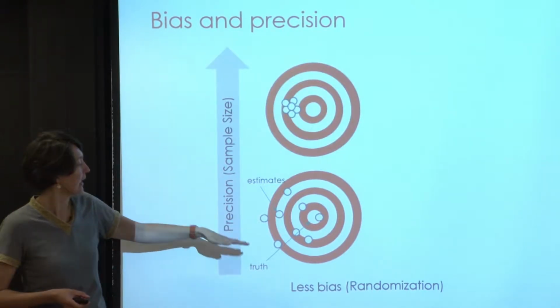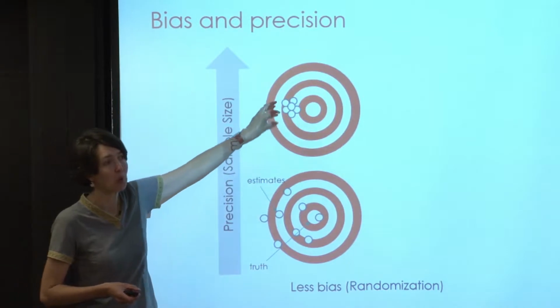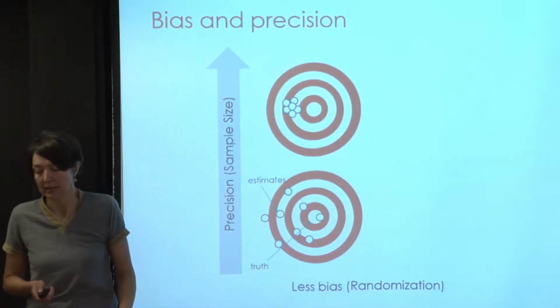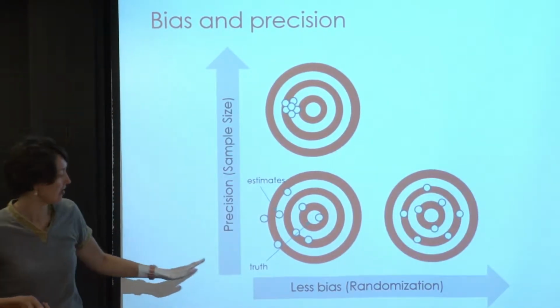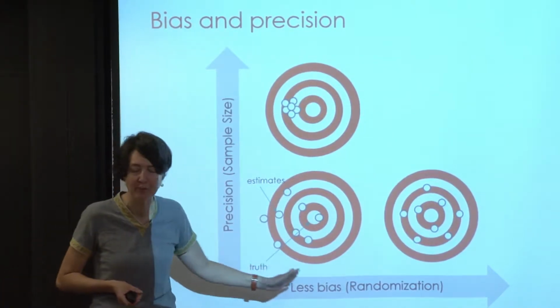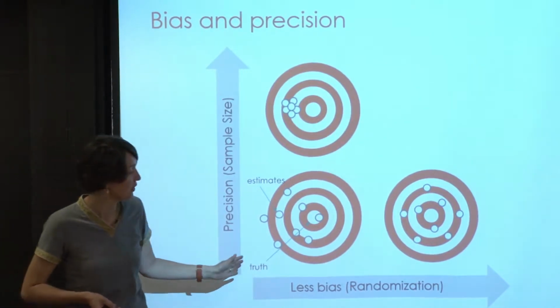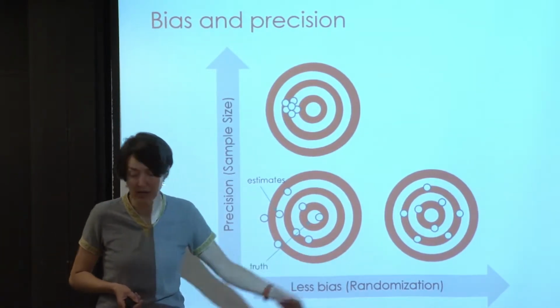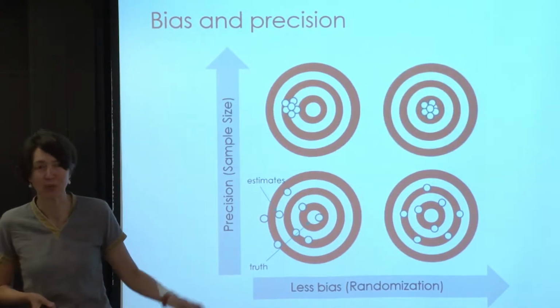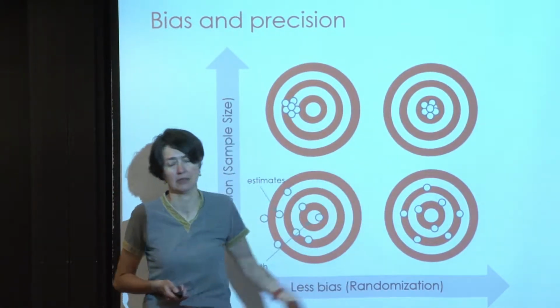As we increase sample size, we get more precision. With randomization, though there are other methods that can reduce bias, but we've been focusing on randomization, you get rid of bias. But obviously what we really want is something that is both precise and unbiased.